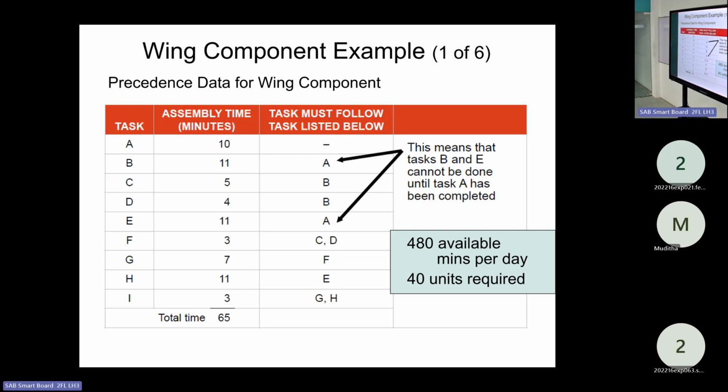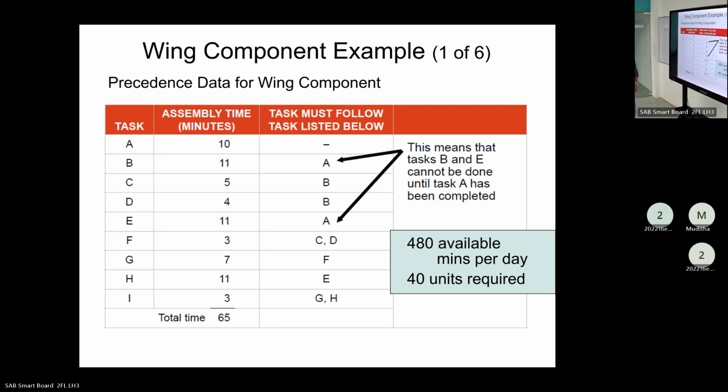Give it a try to complete it. Shown here.